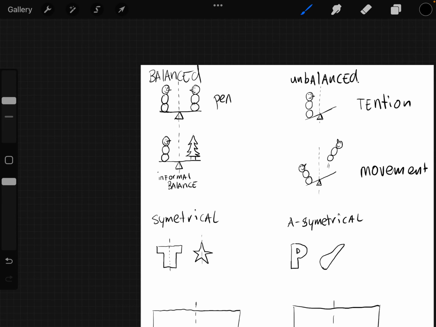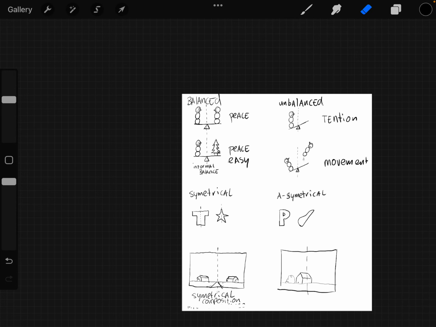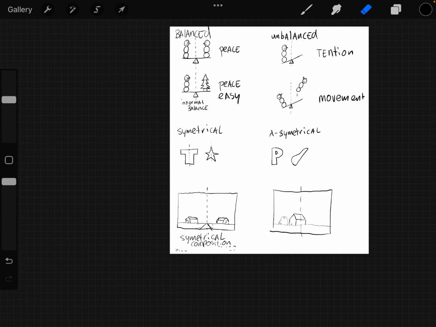So this one is peace, right? Both of these ones are peace, and it is easy to look at, right? It's not giving you any tension. So what is tension? Well, that comes from the following thing, right?